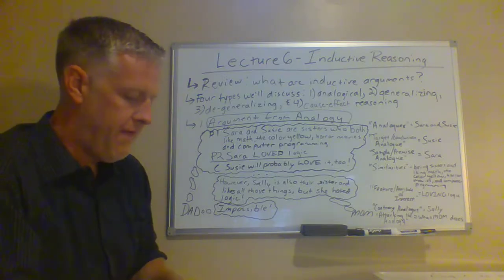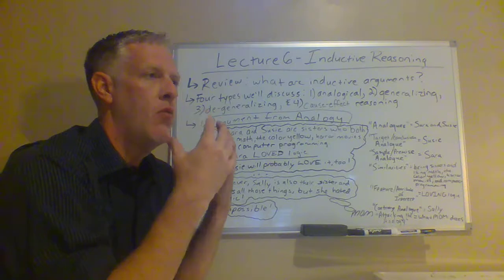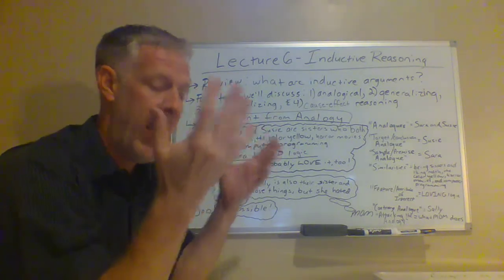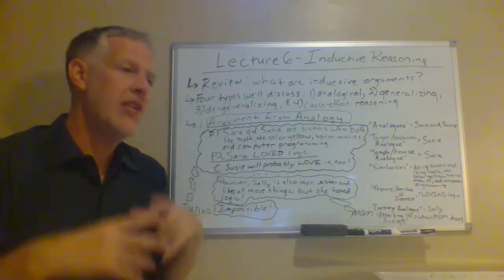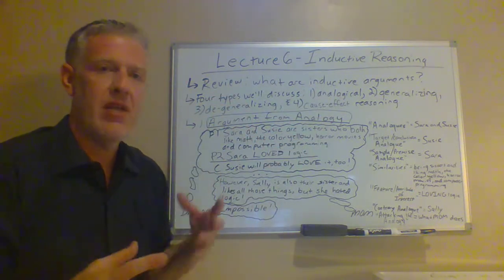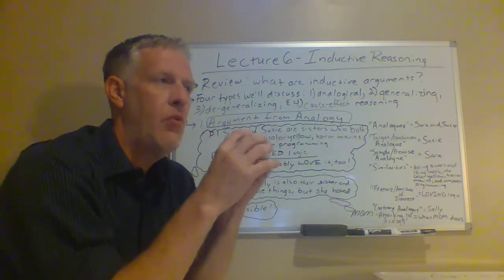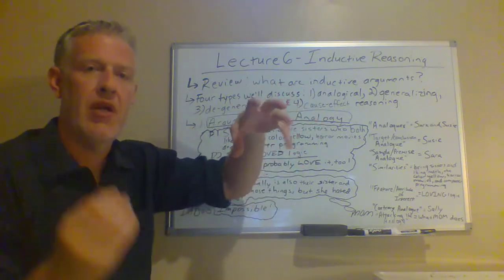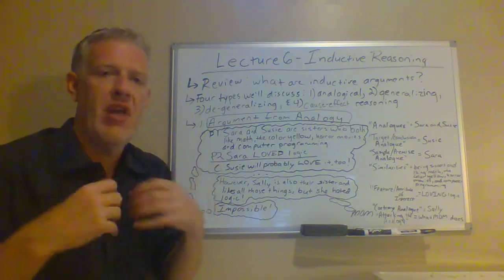So turning to slide 5, the first type of inductive argument we'll come across is one you've probably heard of: an argument from analogy, or argument by analogy, or analogical reasoning. And by the way, inductive reasoning is the same thing as inductive arguments. When somebody engages in inductive reasoning, we can capture from that reasoning process an inductive argument, because they're coming to a conclusion based on certain evidence they have.